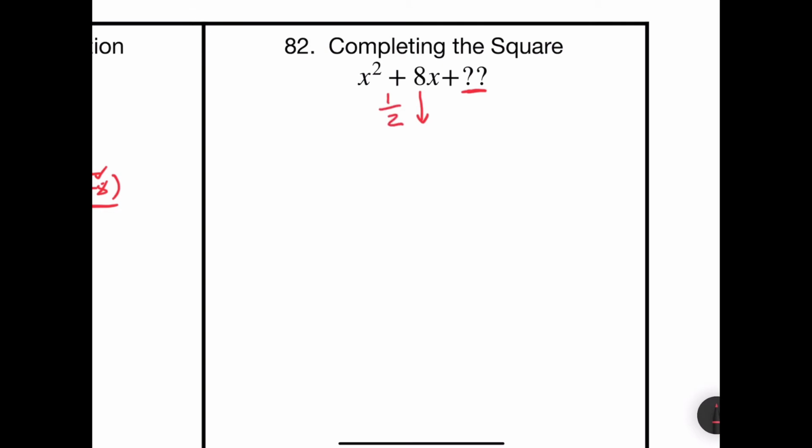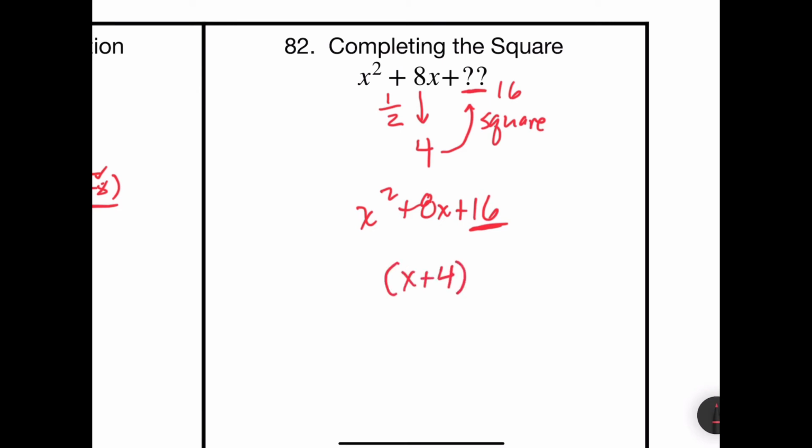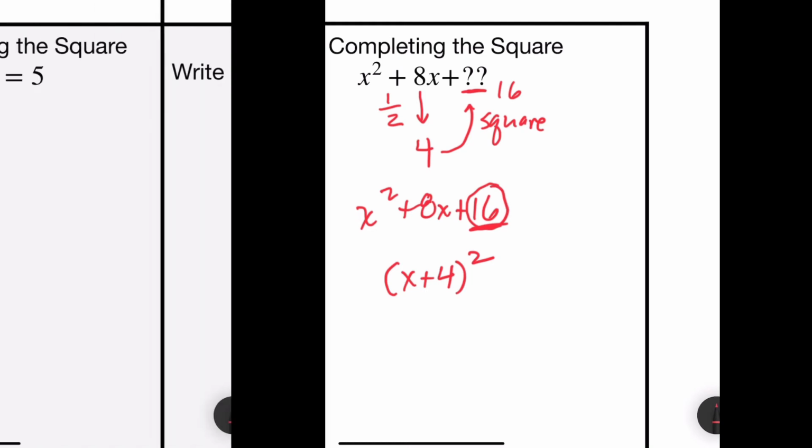So half of 8 is 4, and then I'm going to square it. So 4 squared is 16. So I would get x squared plus 8x plus 16. So that's the missing number, and that makes a perfect trinomial square of x plus 4 squared. So my missing number is 16.